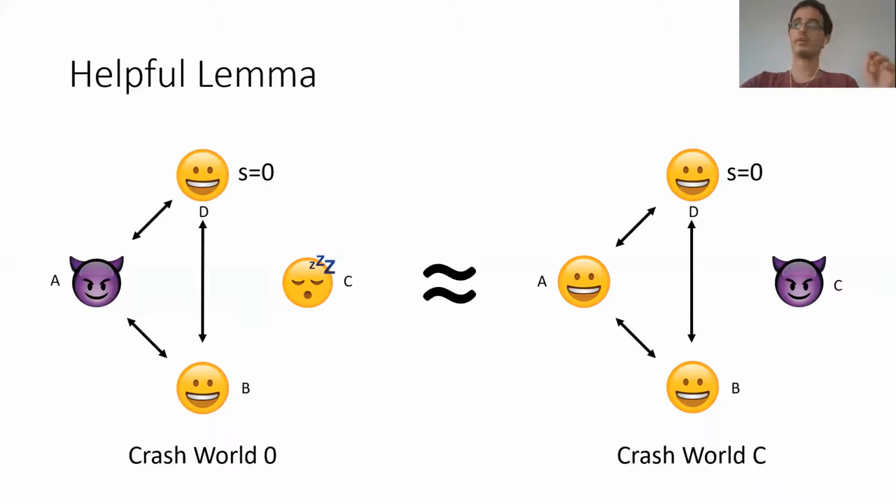Now, look at party A's information throughout the protocol. Party A receives messages from D and messages from B. And those messages must not indicate in any way which value is being shared. That is, they must be compatible both with the value being shared being 0 and the value being shared being 1.